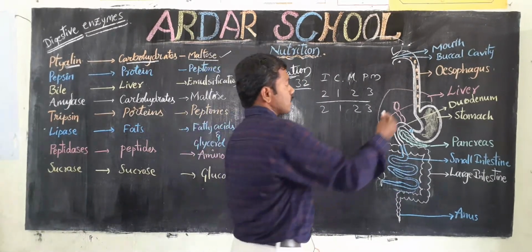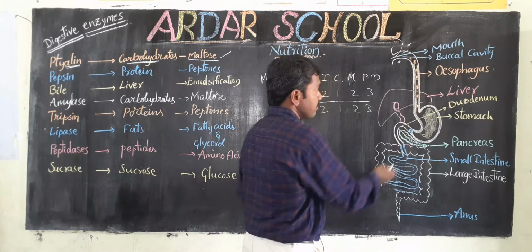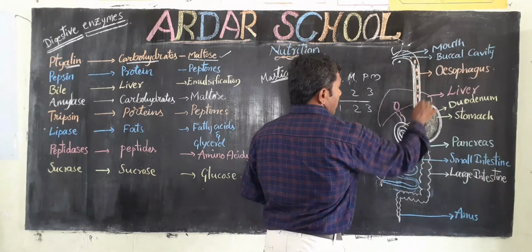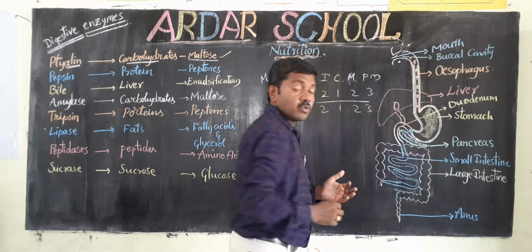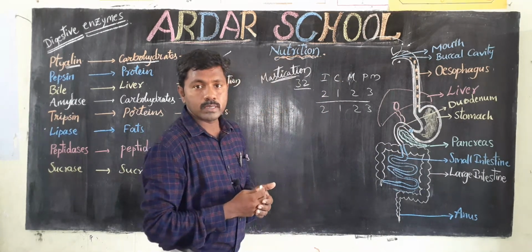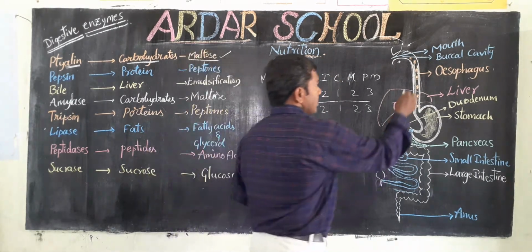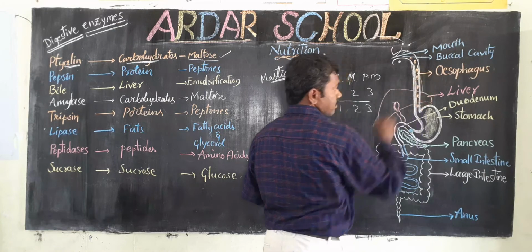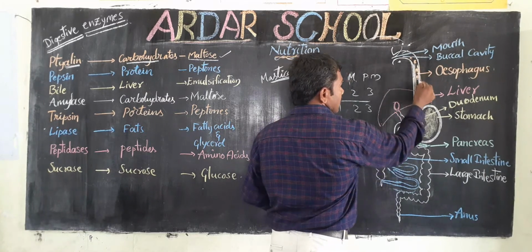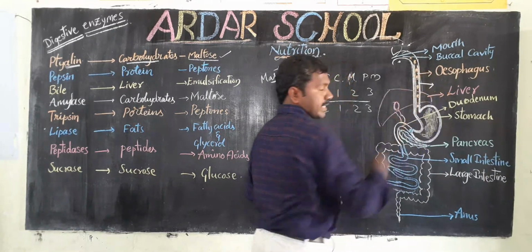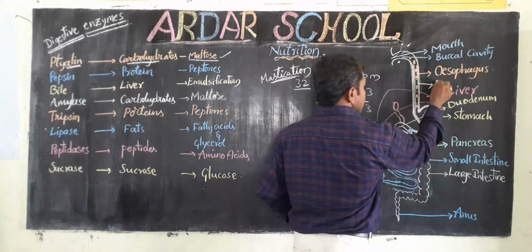So if you observe, this is the human digestive system. This pipe-like structure is called the food pipe. What, children? Food pipe. If you observe the inside wall, some layer is there, that is called the mucus layer.